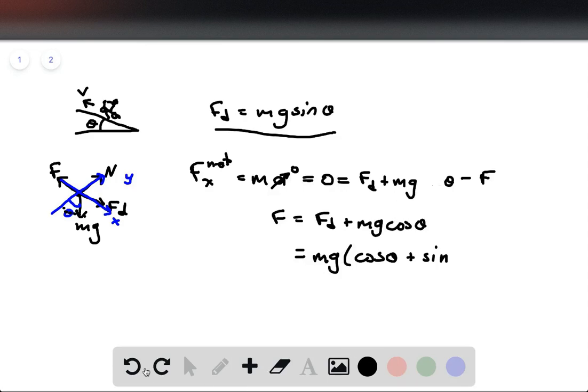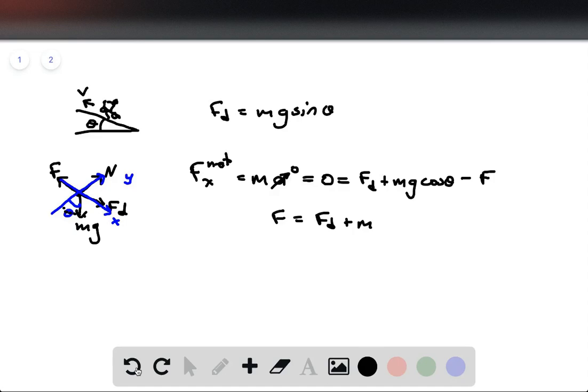So you have mg, this is theta. And so F is mg sine theta plus the drag force, so plugging in the equation for the drag force, we just have 2 mg sine theta.